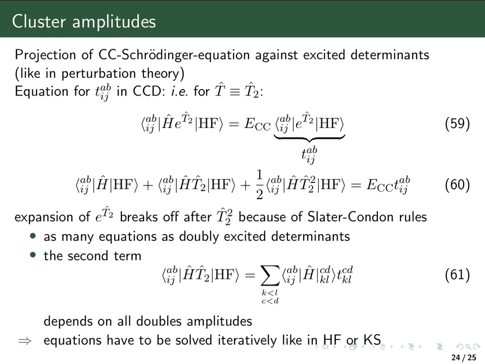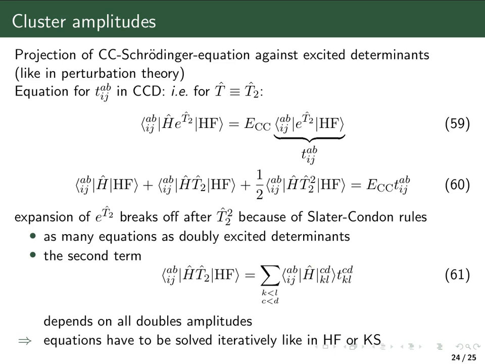Now let's look at this second term here. That's a doubly excited determinant. I've written it up here: doubly excited determinant, Hamiltonian, and the sum over all doubly excited determinants written up like this. Now this is double with double, so this is not zero, at least not in general zero, so there will definitely survive several of these matrix elements.